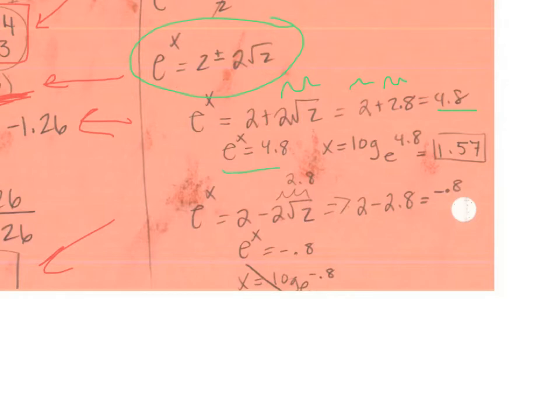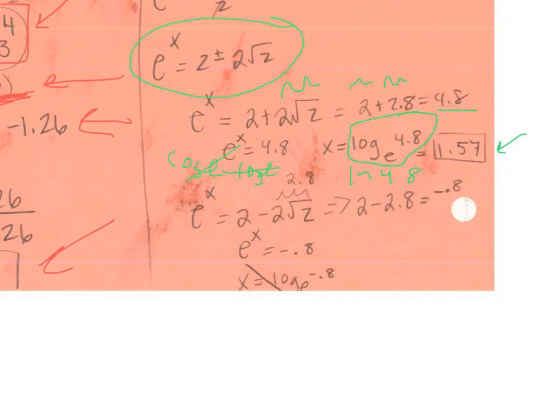So then we have log base e here, log base e here, we say log base e of 4.8, put that in our calculator as ln of 4.8, and we get 1.57.